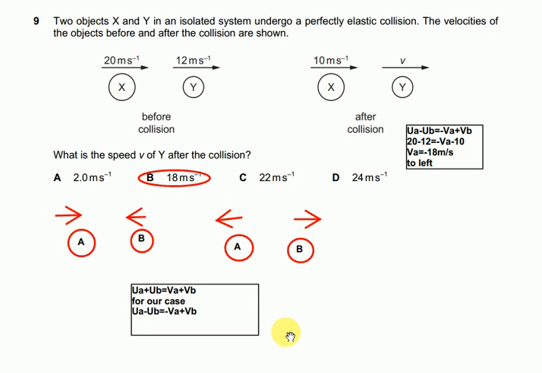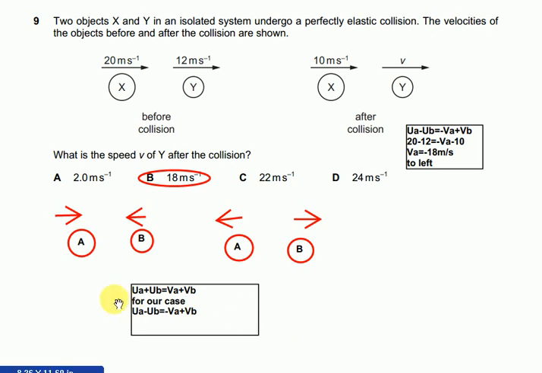Two objects x and y in an isolated system undergo a perfectly elastic collision. The velocities of the objects before and after the collision are shown. What is the speed v of y after the collision? Now, it is a perfectly elastic collision, so the relative velocity of approach must be equal to the relative velocity of separation.